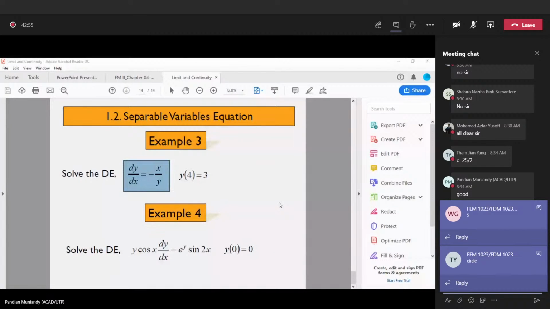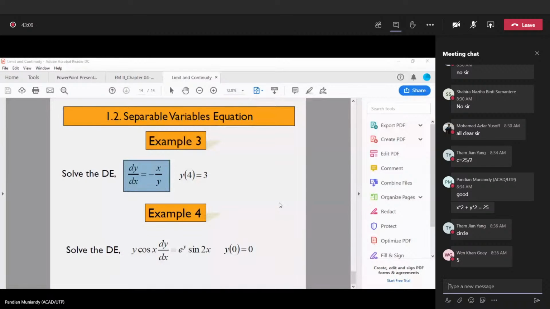Yes. Radius is 5, yeah. So this circle centered at 0, 0, and your radius is 5.